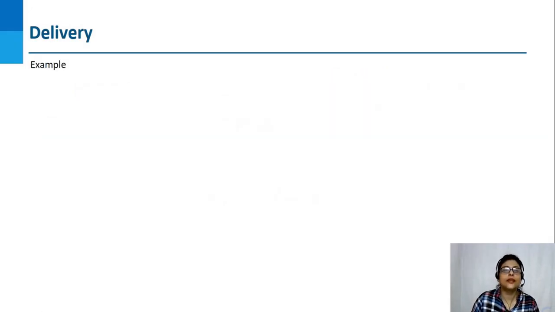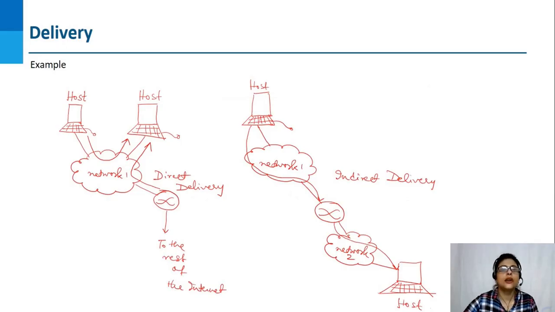Let us look at one example. Here, there are two hosts, let's say host A and host B. This is network 1. As said, the host A gets the packet and forwards it to host B. From here, it can transfer it to the router R and from the router to the rest of the internet.